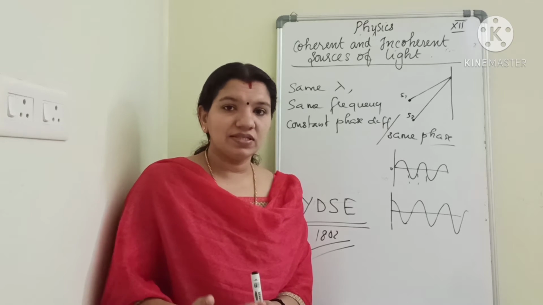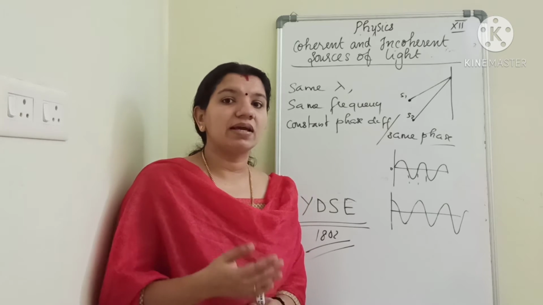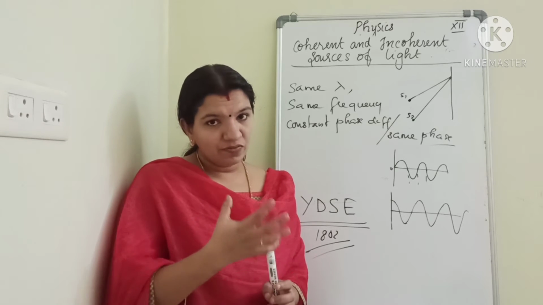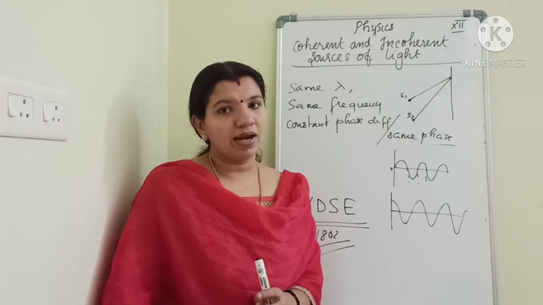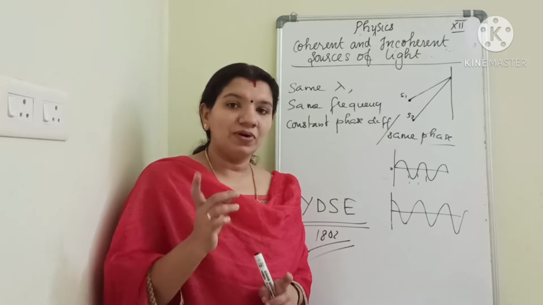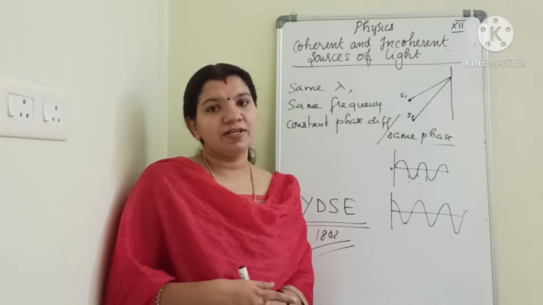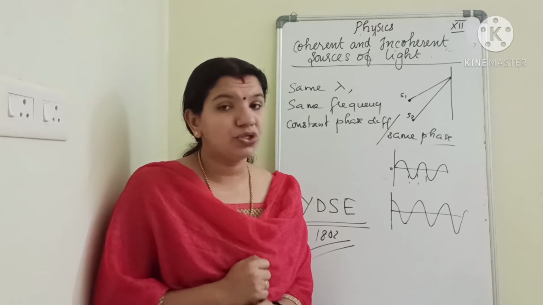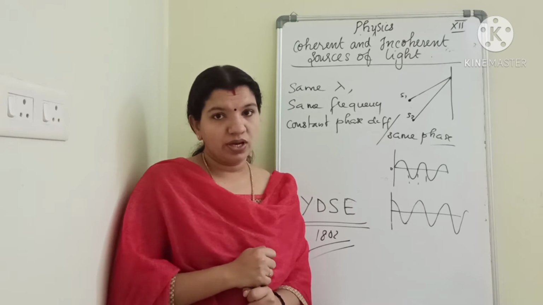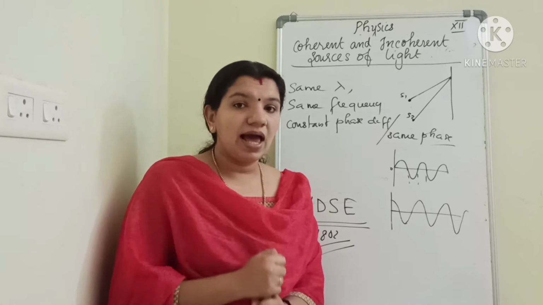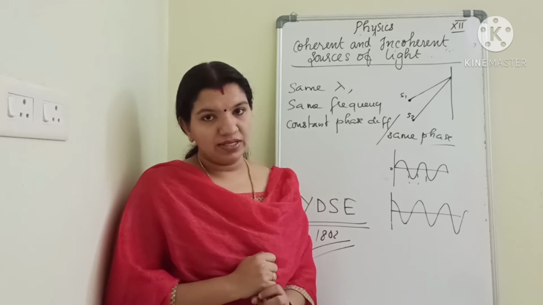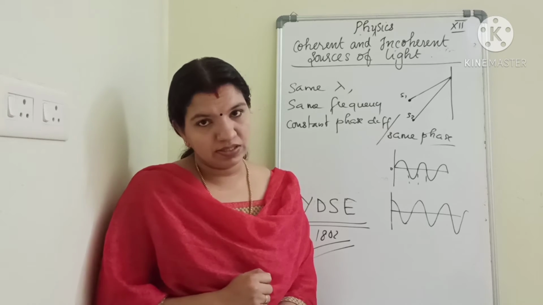We have already studied the conditions for interference, for bright and for dark fringes, and with the help of those derivations we are explaining here also. The first condition to get such an interference pattern in this experiment is that the sources should be coherent, that is, they should emit light waves of the same wavelength, the same frequency and a constant phase difference, or the same phase.